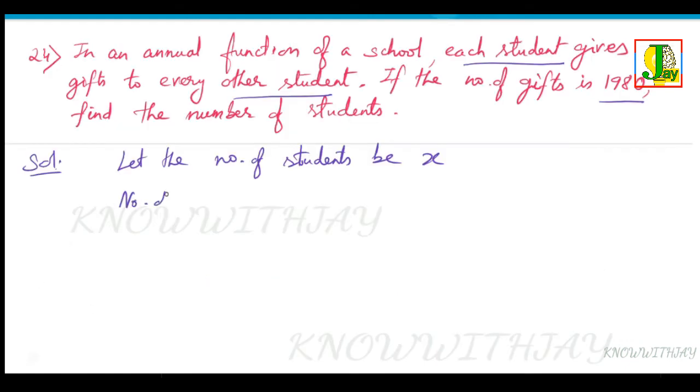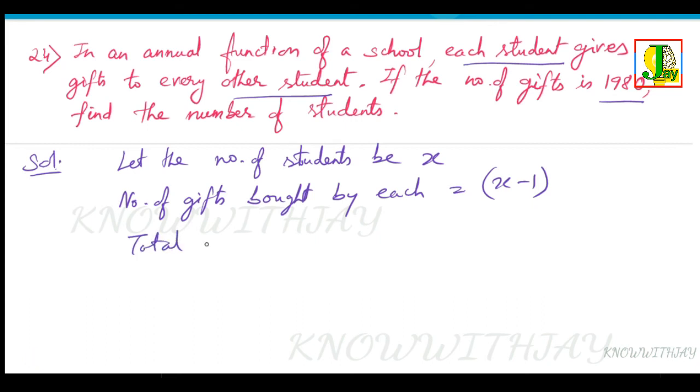So the number of gifts bought by each: each student is buying x minus 1 gifts. So the total number of gifts equals 1980.